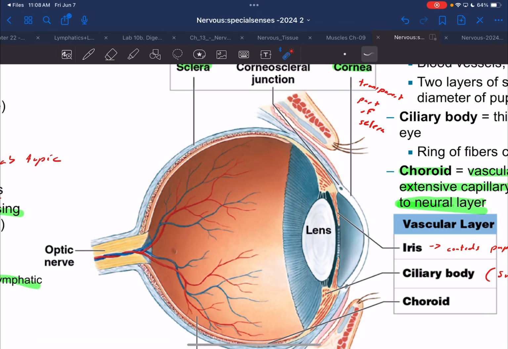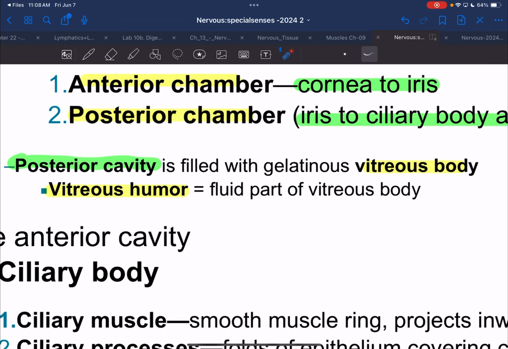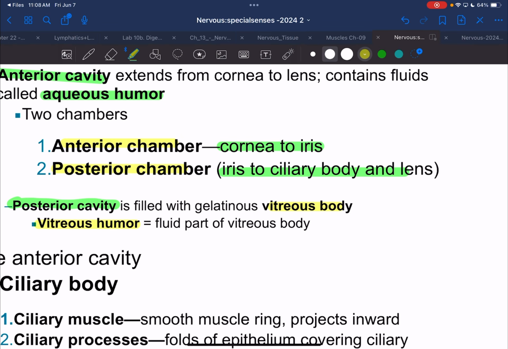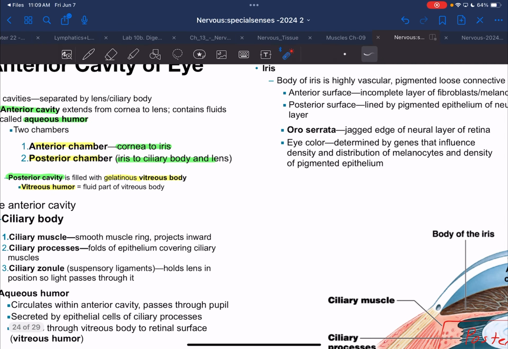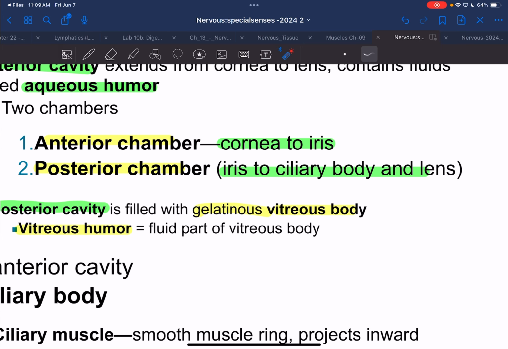This gel-like object is called vitreous humor, and it is what makes this gelatinous object, which means gel-like. And so inside of this vitreous body, which contains vitreous humor, it's a little sac. I'm going to write it simple. Sac, gel-like.